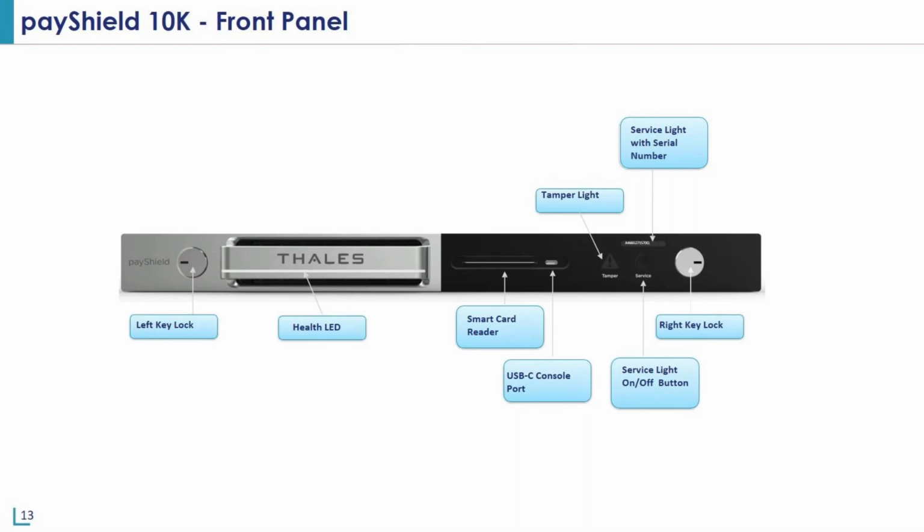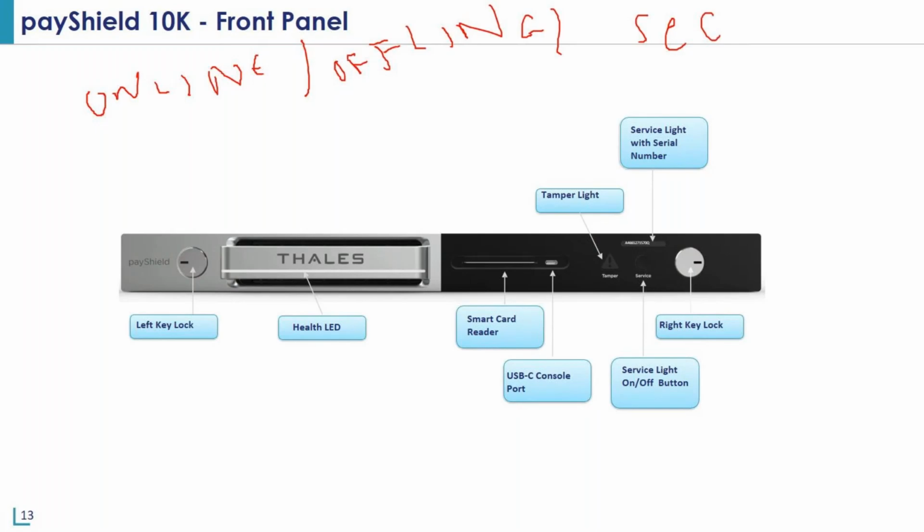So if I just name the states, it is online, offline, and the third one is secure. What is your appliance operation which you can do in all these three states?